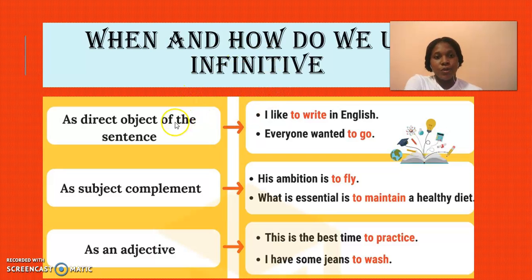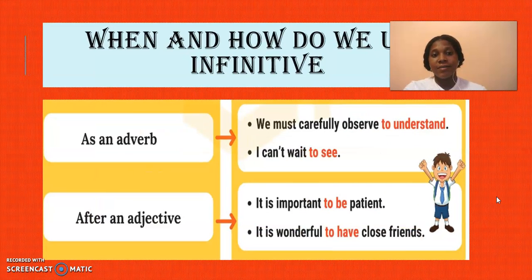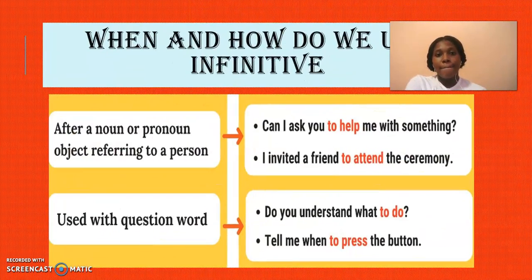And also we use it as the direct object of the sentence, and here the sentences, as subject complement, as an adjective, also as a verb, and after an adjective. Also, we use it after a noun or pronoun object referring to a person. Also, we use it with question words.